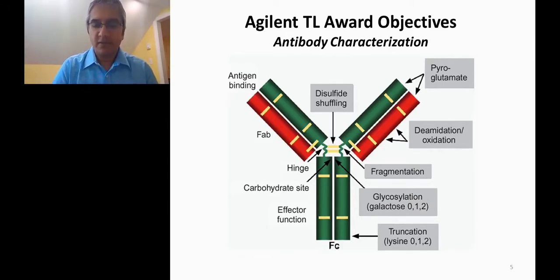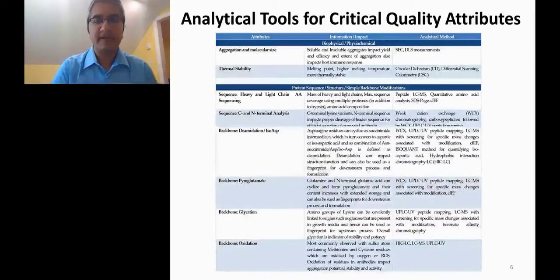So when we set out to implement these objectives in the Thought Leader Award, the first thing we wanted to do was lay this out into some sort of a map where we look at the attributes at various levels, from biophysical, biochemical to the protein sequence structure and backbone modification.